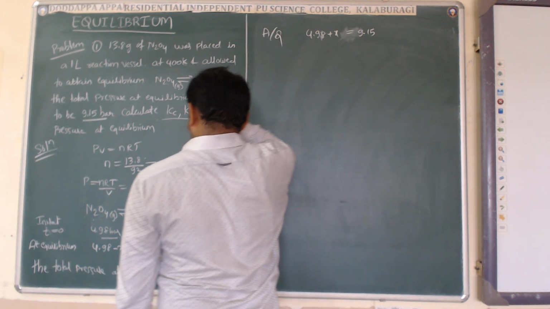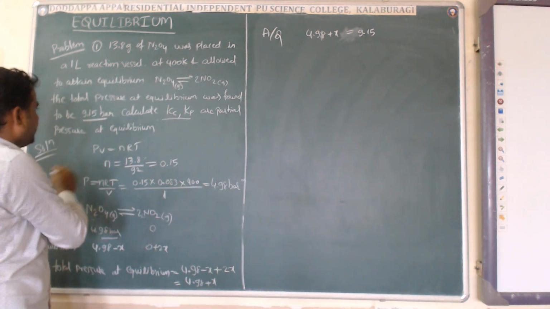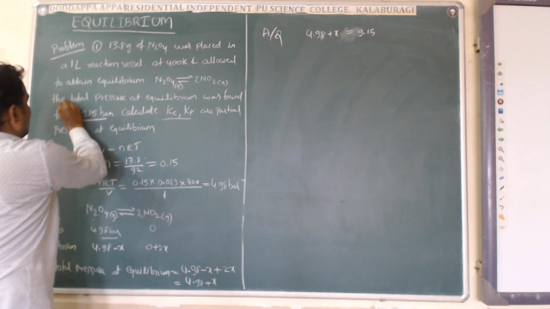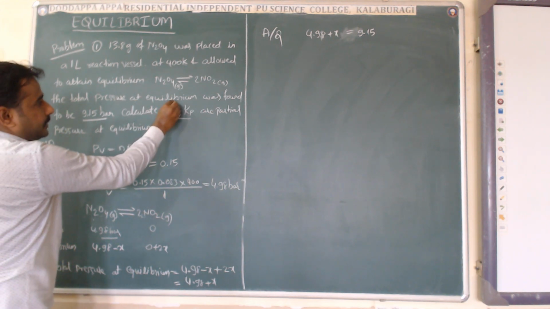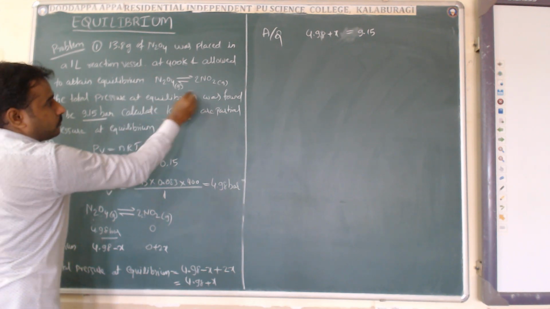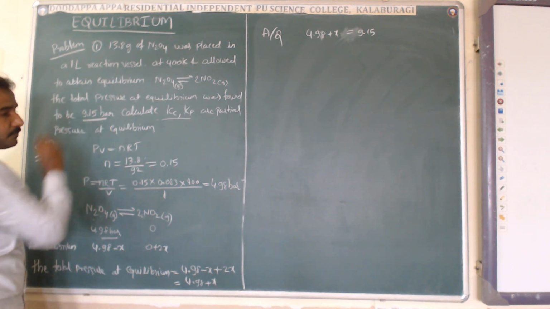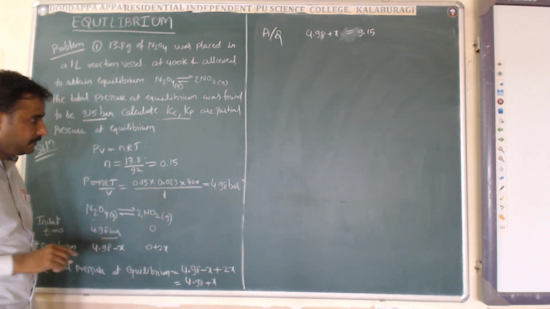Why it is taken as 9.15 here means, you see here in the question, the total pressure at equilibrium was found to be 9.15. They have only given it here in the question.